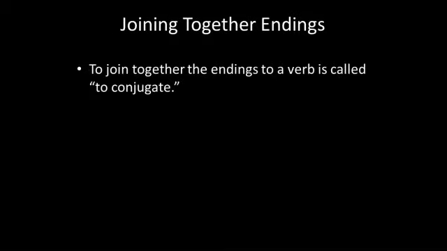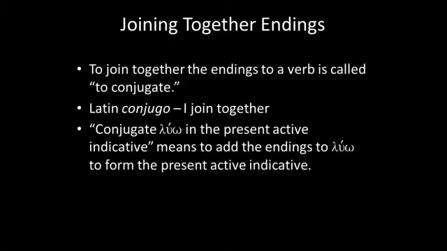So when you look at charts like we've been doing, and you join endings to verbs, you're joining things together, what you're basically doing is a word called conjugating. This comes from the Latin word conjugo. That means I join together. If I were to say something like conjugate luo in the present active indicative, what I'm saying is add the endings to luo to form the present active indicative.